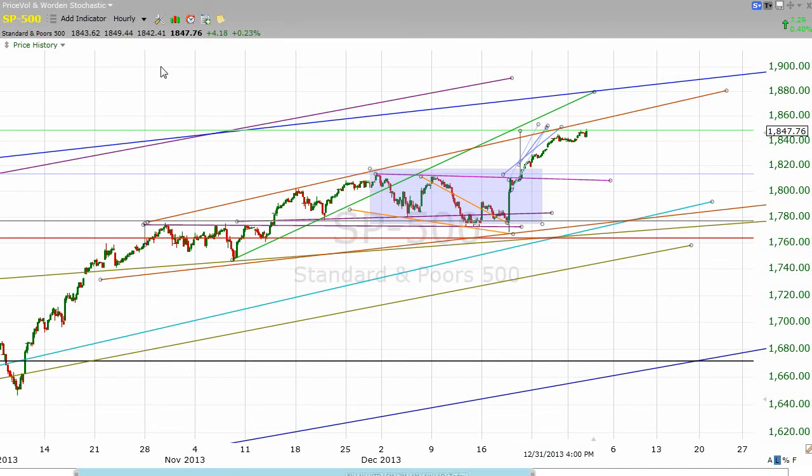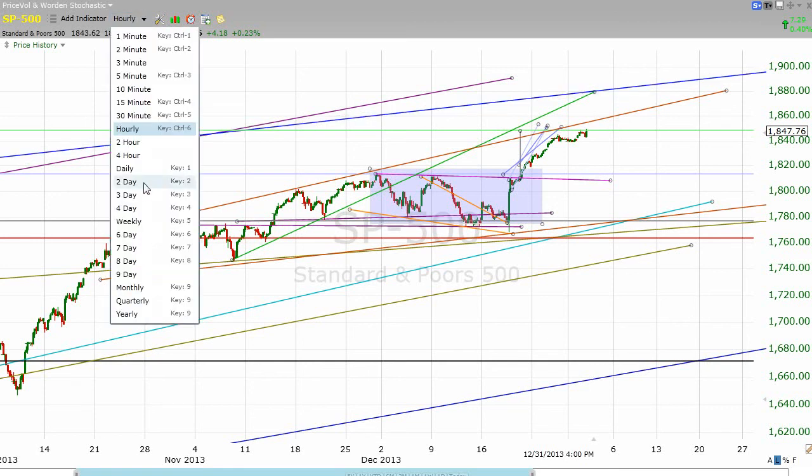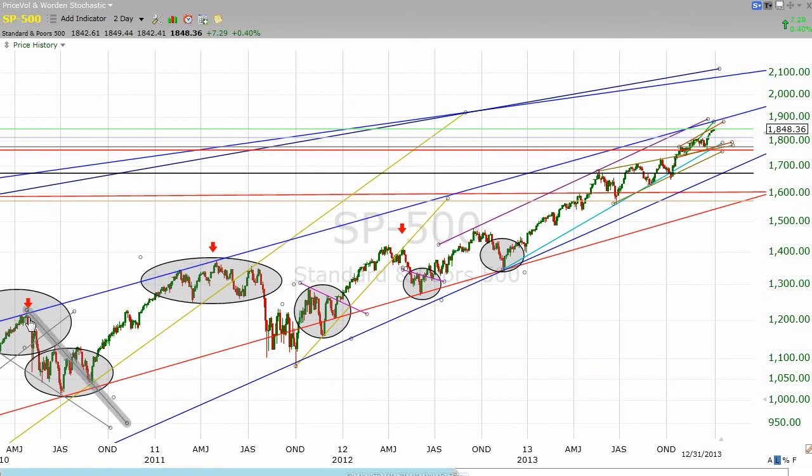Let's see if we get a January effect, and if we do, if it will be enough buying to take us over this brown line right here. But then remember, we've got that long-term resistance line back from 2000. When did I say that was? 2010 and 2011 tops that we are approaching.